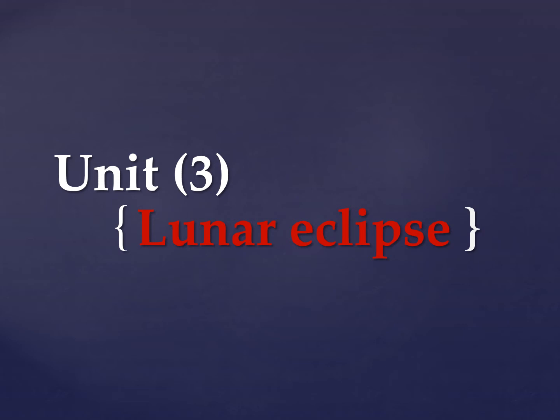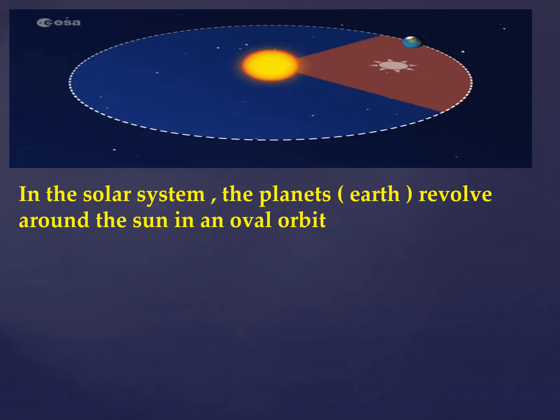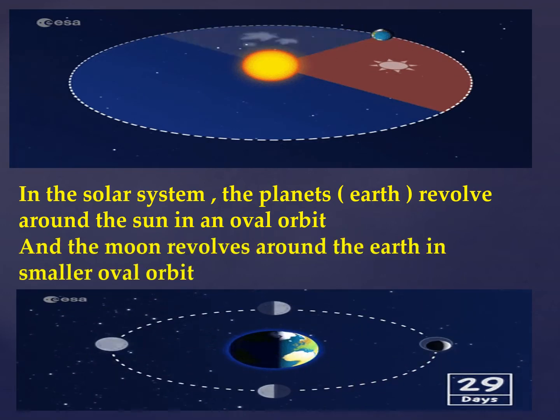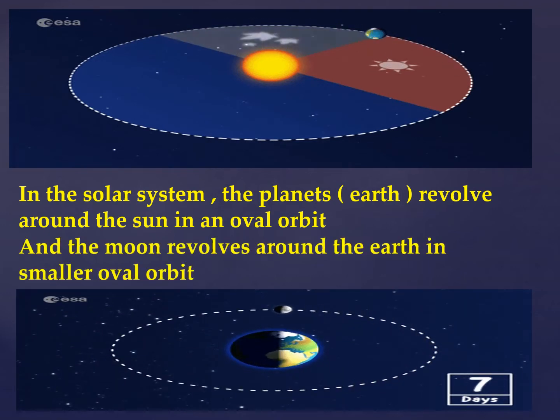Today I'm going to explain lesson 2 for this unit, which is talking about the lunar eclipse. I told you before that in the solar system, the planets, like Earth, revolve around the Sun in oval orbit, and the Moon revolves around the Earth in smaller oval orbit.